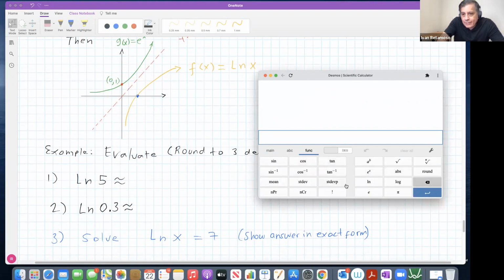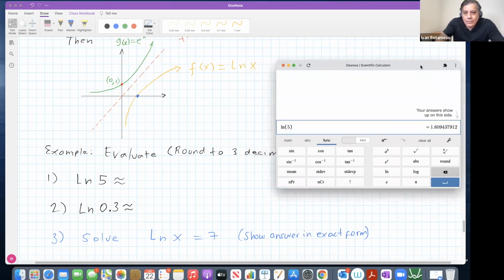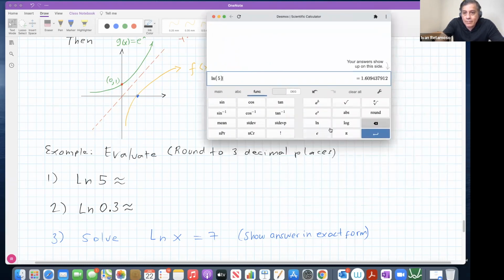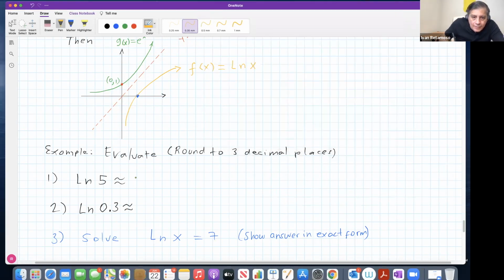You will see right here, ln. ln of 5 is equal to 1.6094. They say rounded to 3 decimal places, so it will be 1.609.